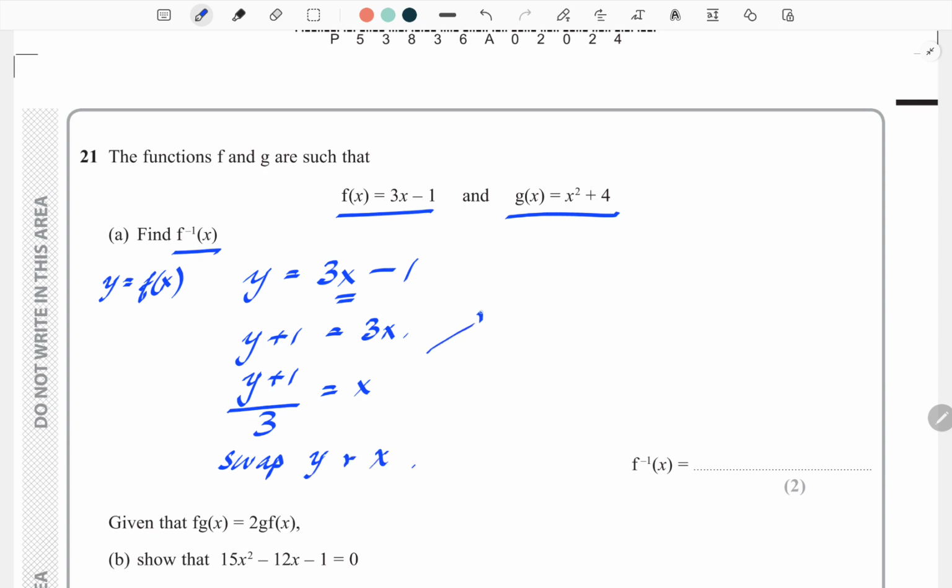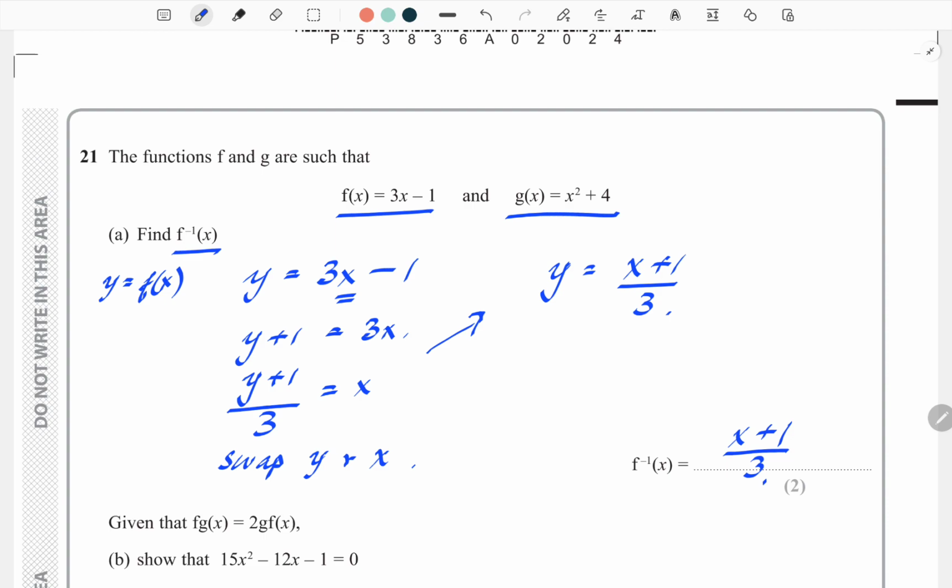So that effectively gives you y equals x plus 1 over 3, all right? So x plus 1 over 3, all right? There are other techniques for doing that, but either follow whatever your teacher's given you or use a simple method like that, right?